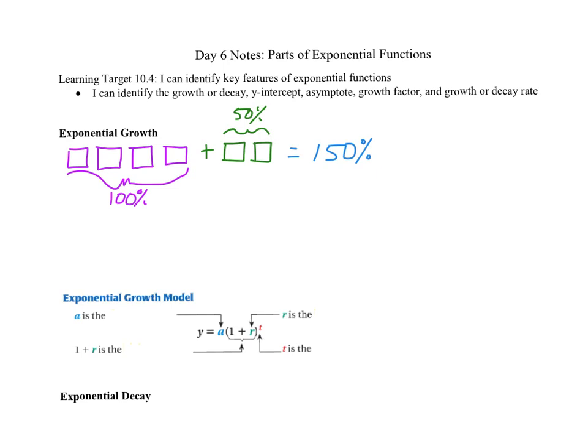So there's some keywords that we want to think about. We want to think about what is the percent of increase, which is the amount that it grew by. So in this case, it's our 50%. So this is our percent of increase.